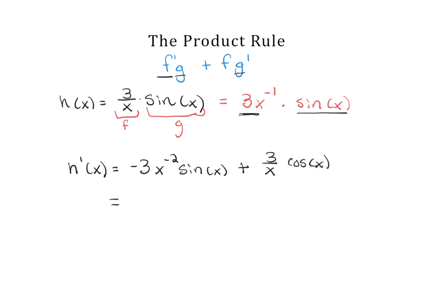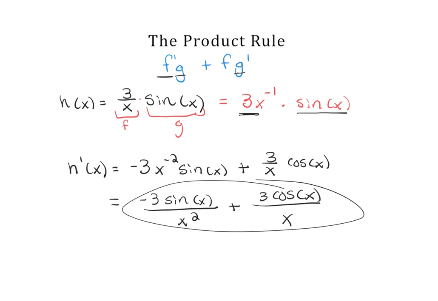There's not much we can do to simplify, but we could put this back as negative 3 sine x over x squared. And we could put this as 3 cosine of x over x. So there are two examples using the product rule.